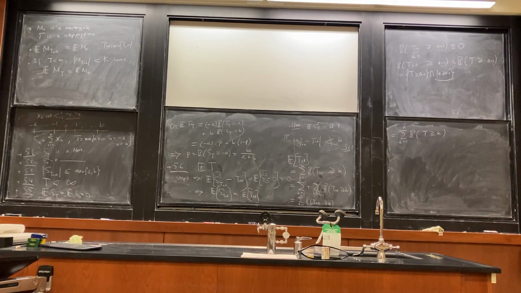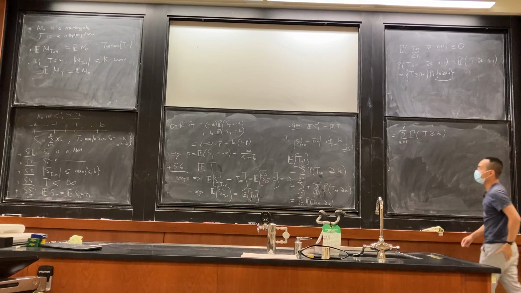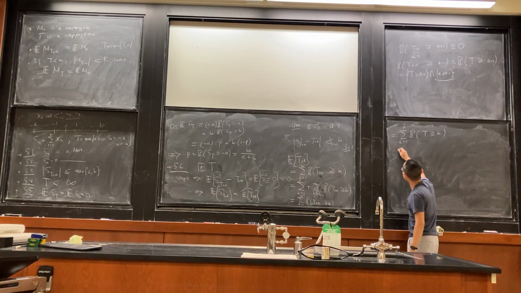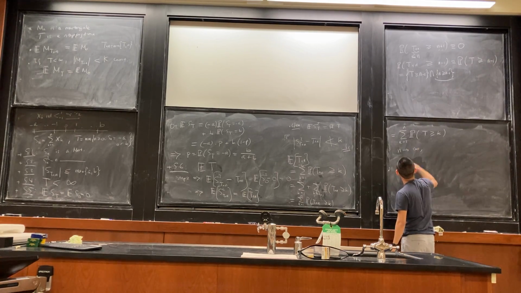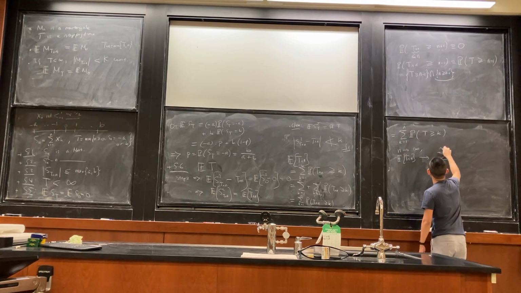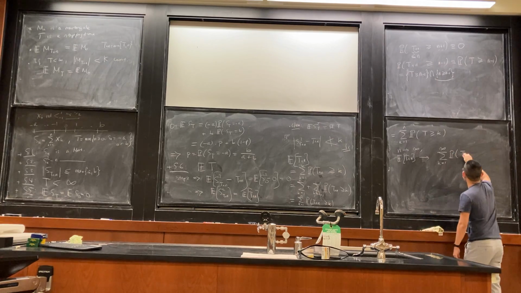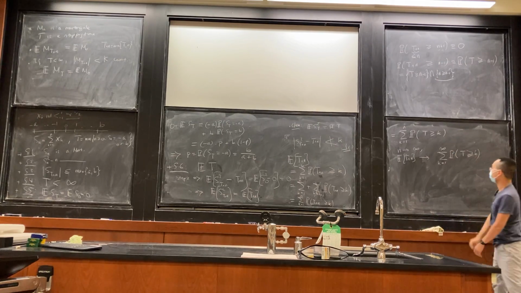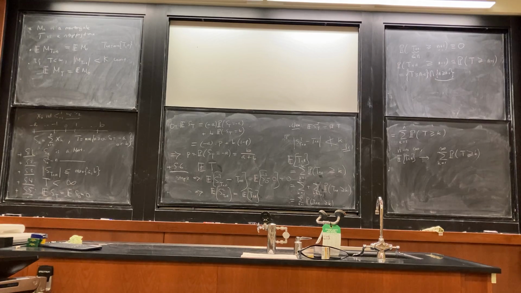Okay, so now if I take n to infinity, basically I have T min N, this expected value, is going to the infinite sum. So what is that limit?